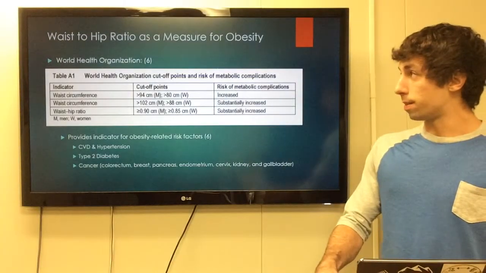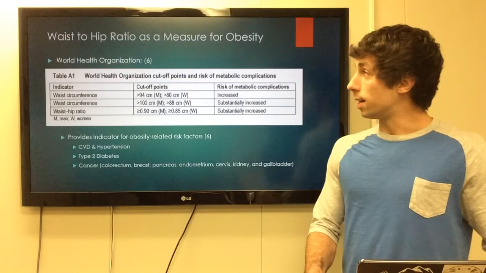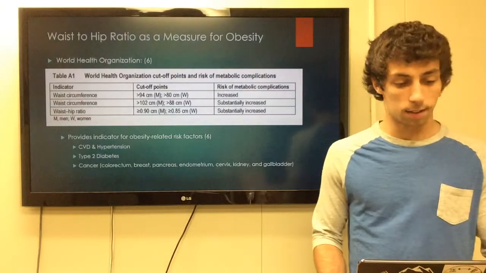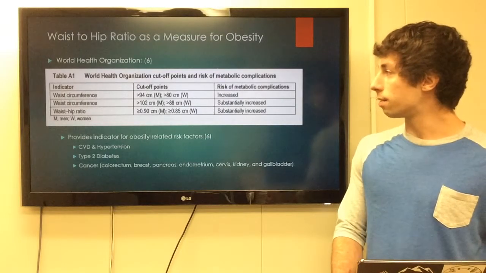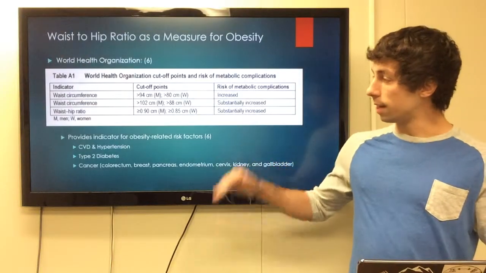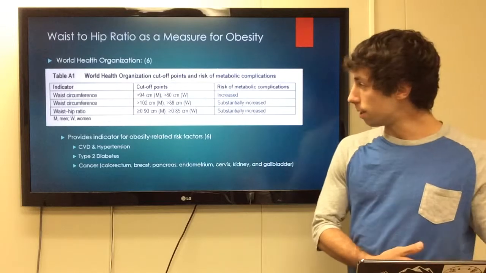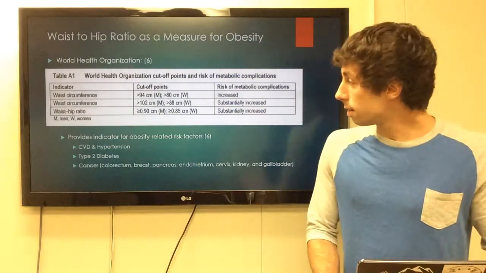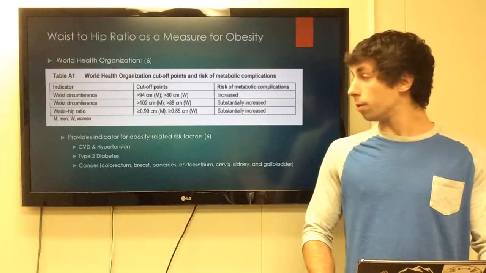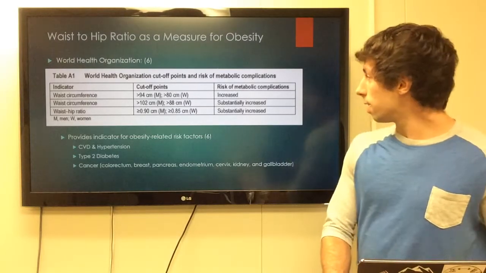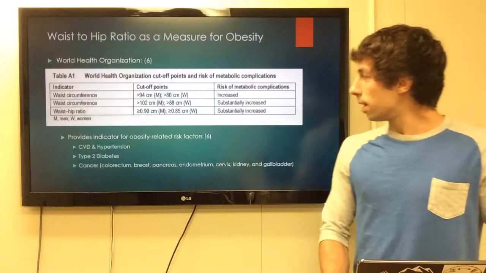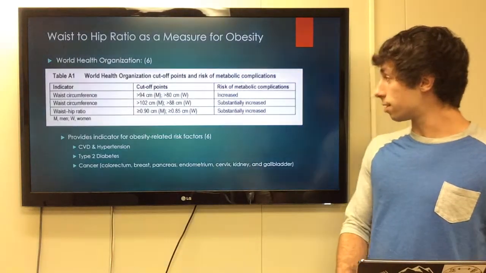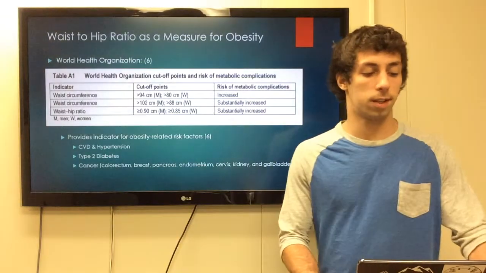So one of the big measurements for obesity is the waist to hip ratio, or anthropometric measure. And by the World Health Organization, they have set up these cutoff points. And so when they take the ratio of your waist to your hip, for men it is 0.90 greater than or equal to is obese, or metabolic complications, and then 0.85 for women is substantially increased risk of metabolic complications.